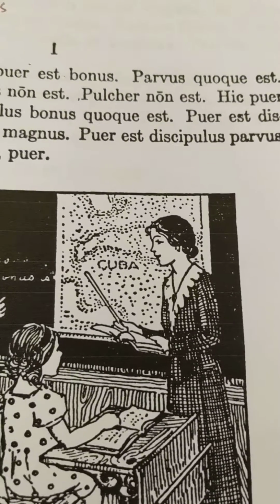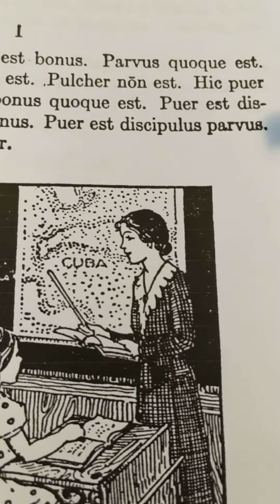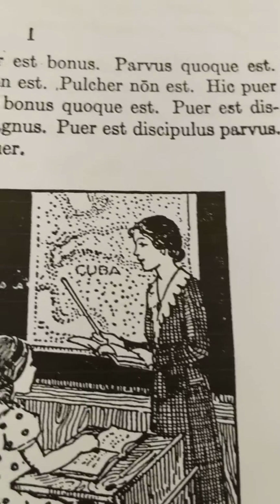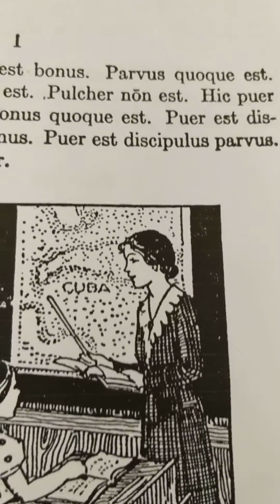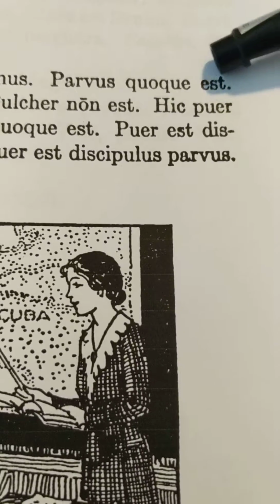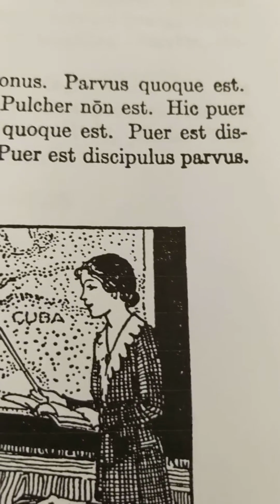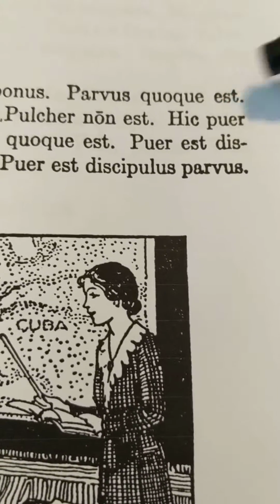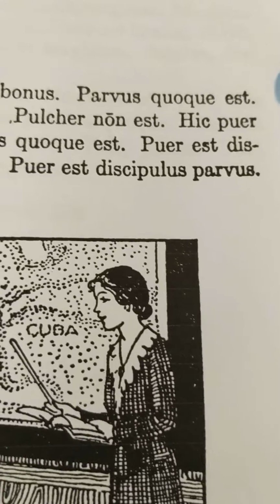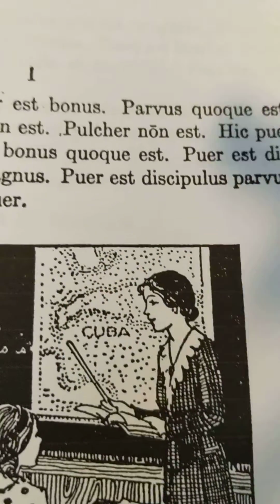Now, sometimes in Latin, the subject is assumed, and you would figure out what it is based on the verb. This verb est is a very important word in Latin, and it means is. In particular, it means he or she or it is.